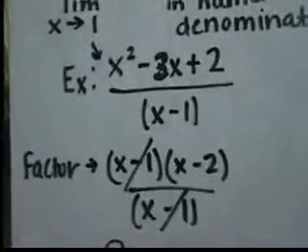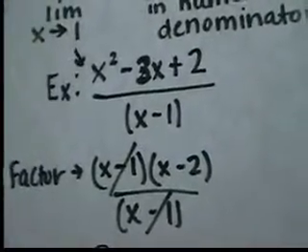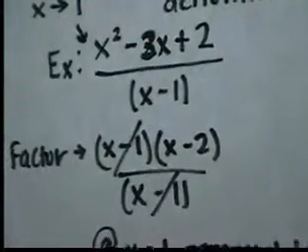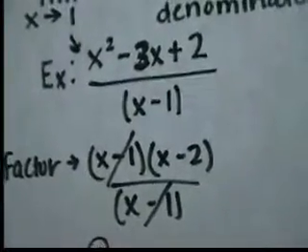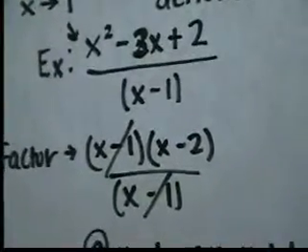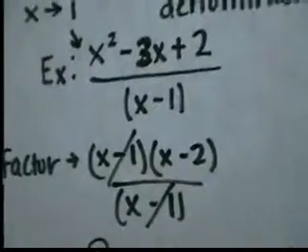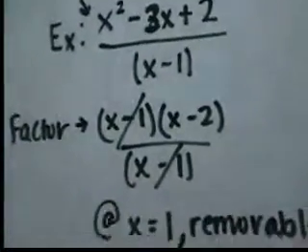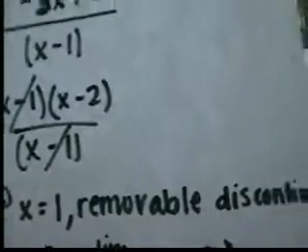You can factor it out: x minus 1 times x minus 2, all over x minus 1. You can cancel x minus 1 from the numerator and the denominator, thereby making the function continuous because now you have x minus 2 and then you can plug in 1, making f of 1 equal to negative 1. Thereby making x minus 1 a removable discontinuity because you canceled those out.